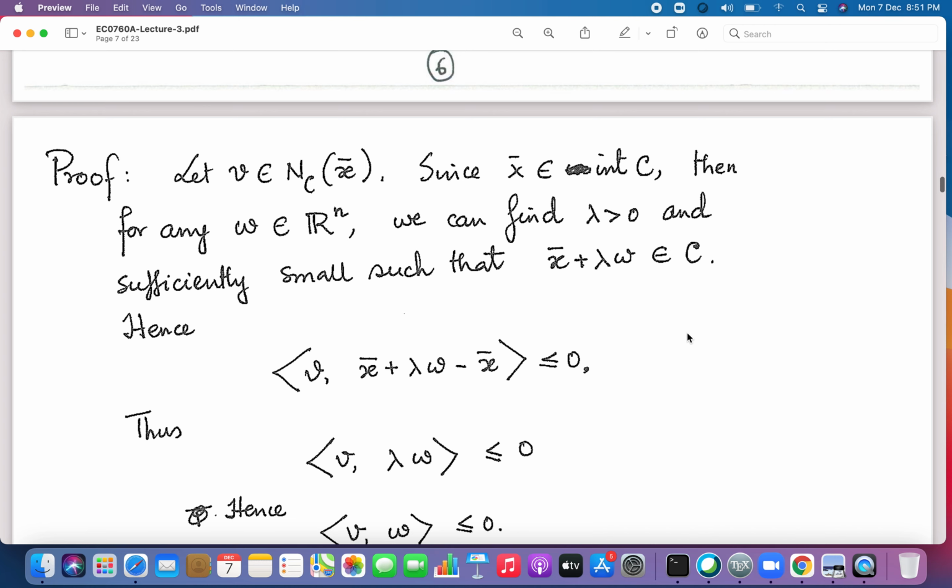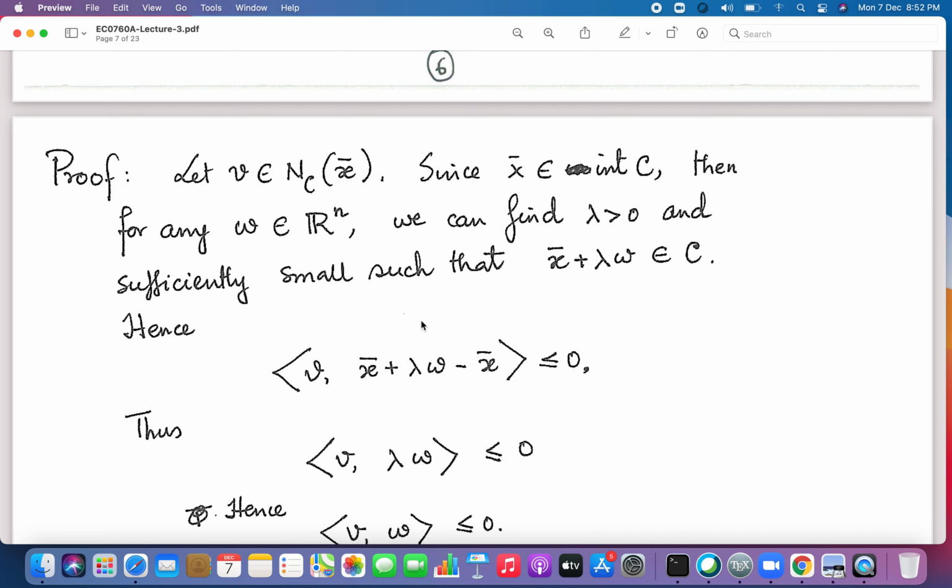If x bar is an interior point, then for any direction w that you take, if you move very little along w starting from x bar, then for a sufficiently small lambda strictly greater than 0, I can still remain inside the set C, because I'll still remain inside a ball which is inside the set C. So x bar plus lambda w would be in the set C.